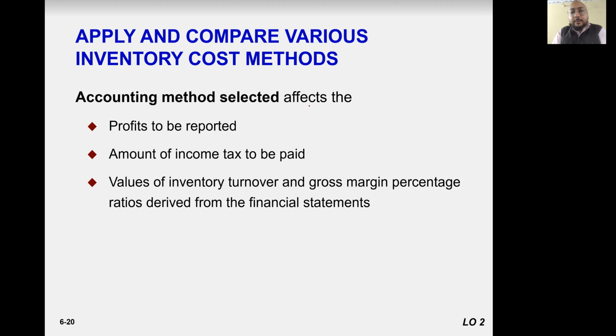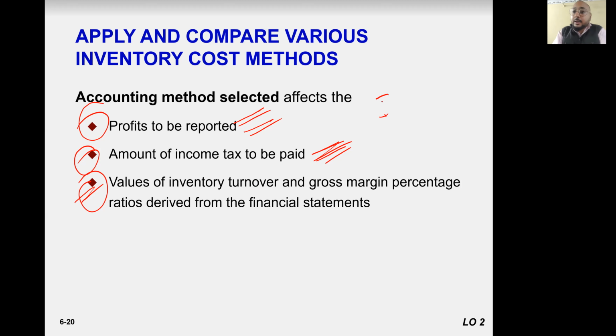So accounting methods affect the profit to be reported, income tax, and value of inventory. We'll talk about this when we analyze the inventory costing methods. So the choice of each method has an effect on the financial statements and also on tax statements as well. So if we choose one inventory costing method, it has an effect on our balance sheet and our income statement.